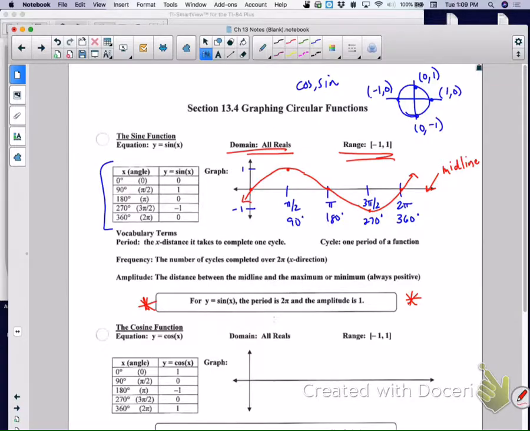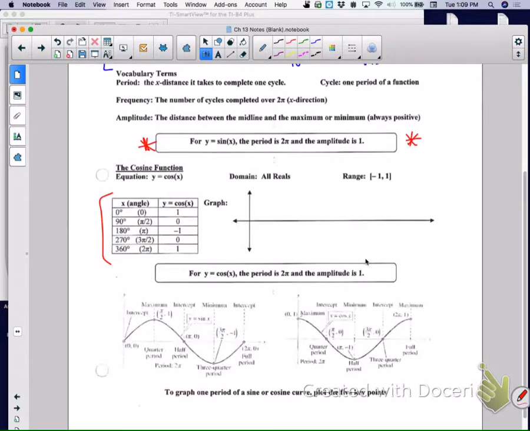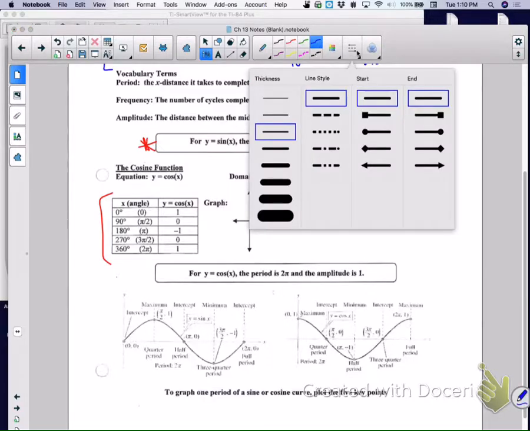Now for the cosine function, I can fill in that table using my unit circle. This time, of course, we're looking for the x values. Notice the domain and the range is the same for the cosine. I can still take the cosine of any number that I want to, but the highest that I can get is a 1, and the lowest that I can get is a negative 1.